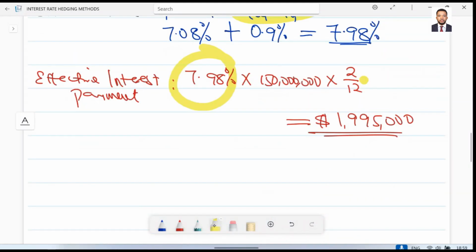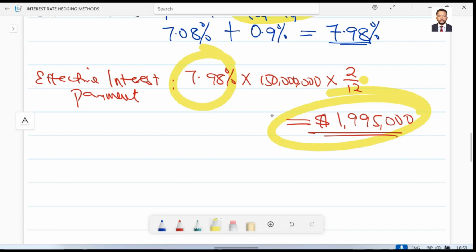When a question is not asking you to demonstrate under this FRA, I will teach you the two. If the question says demonstrate how FRA will be used to hedge the impact of changes in LIBOR, there's a way you do it.